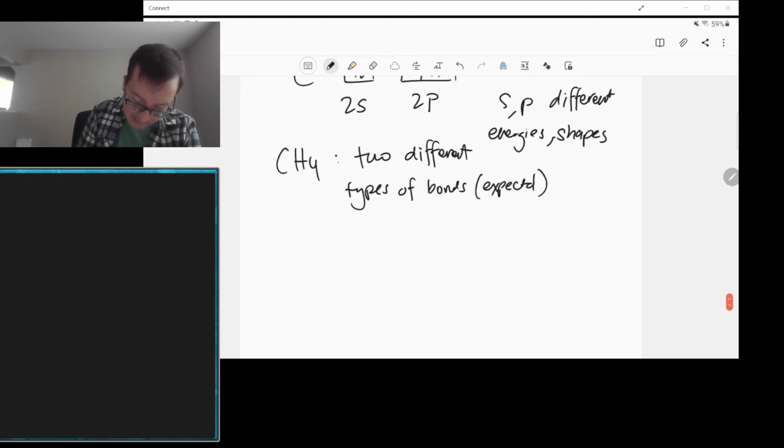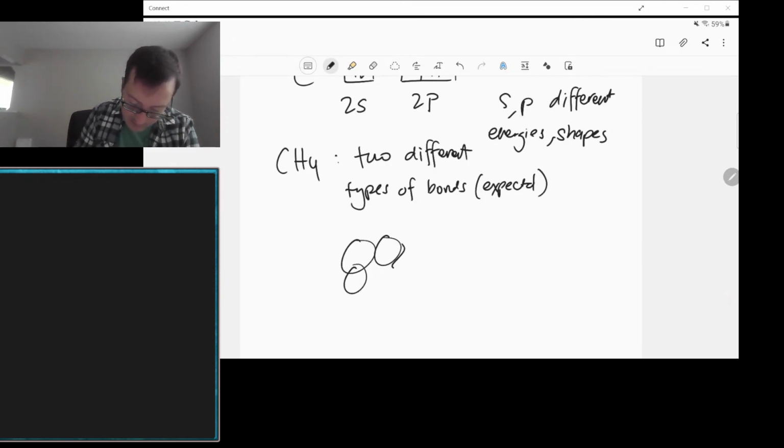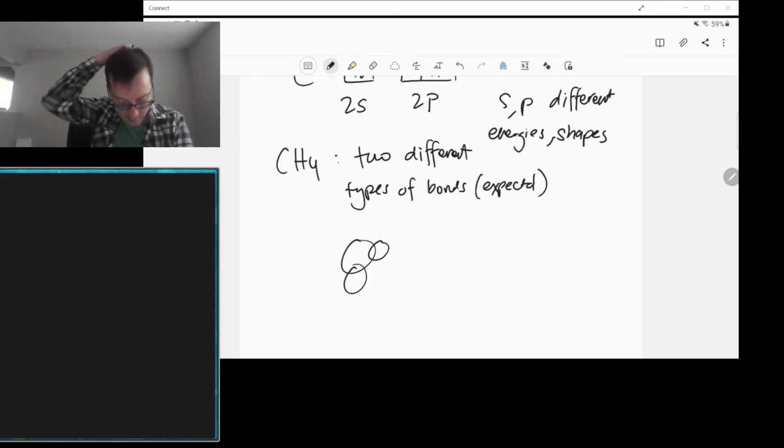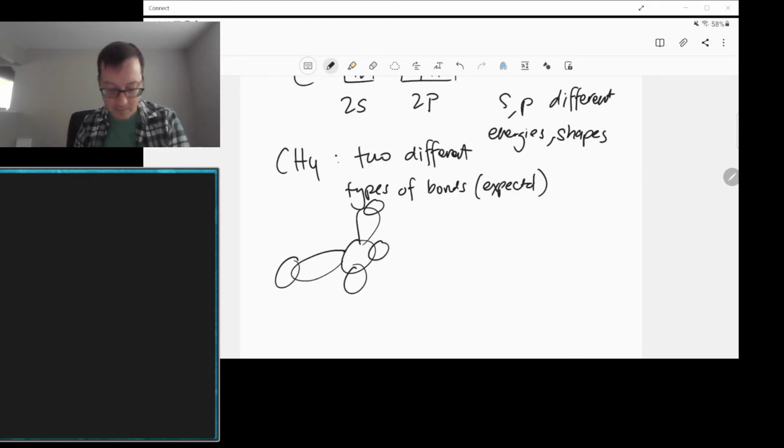We would expect, okay, well, we've got carbon's s orbital. We would expect that to overlap with some s orbitals. And then we've got p orbitals that are going to overlap with s orbitals. This might be what we would expect methane to look like.